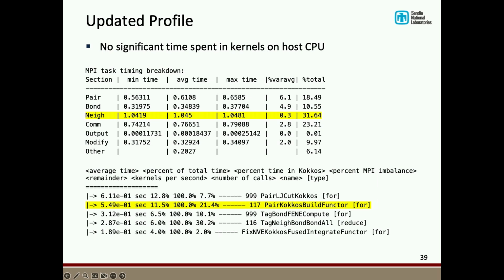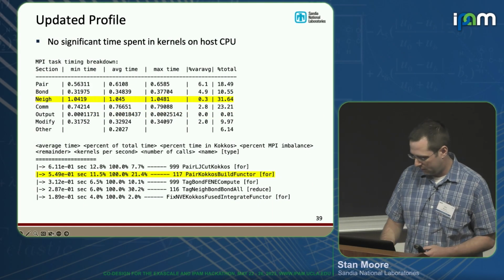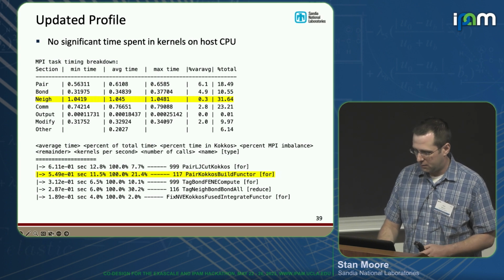In the LAMMPS output, the pairwise is about half of that, so there might be a small discrepancy that I need to look into. Why is this higher? I will say that I did profile the CPU, and there's nothing significant running on the CPU, so it's running fairly well.